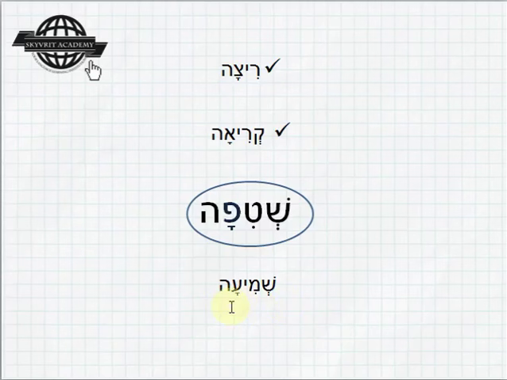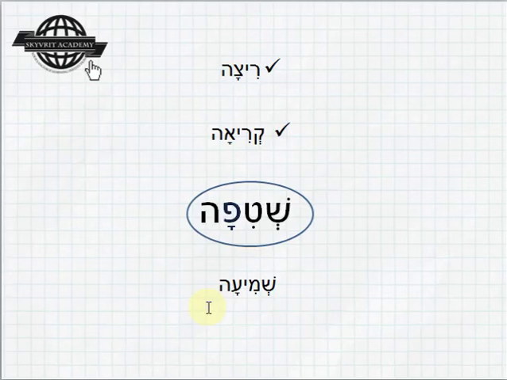שמיעה means hearing. And I'm asking you, how would we say that in third person past tense? He in past tense, הוא בזמן עבר. What would be my verb? Now remember the steps.